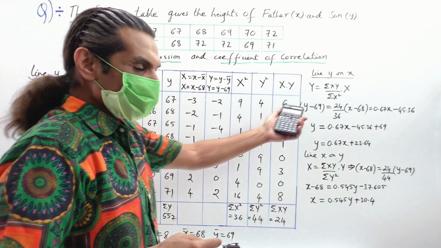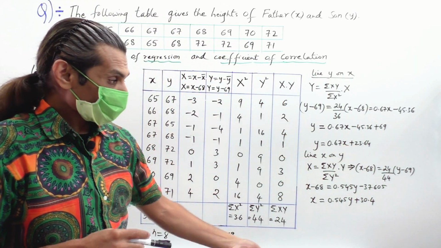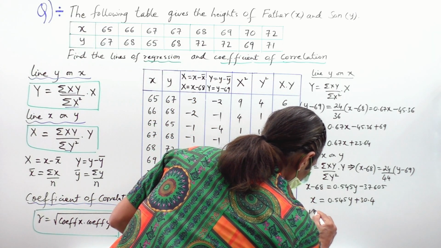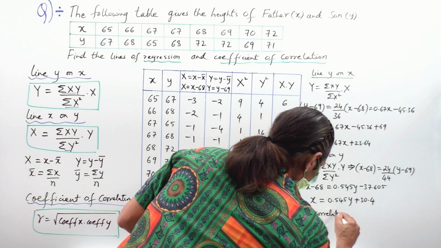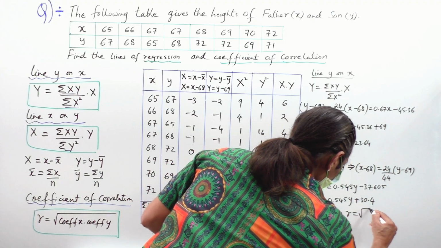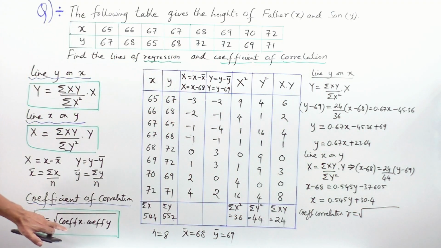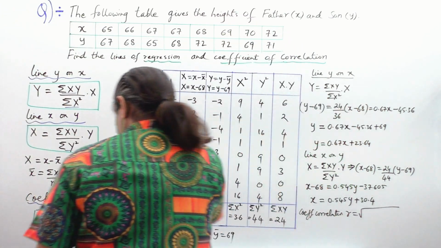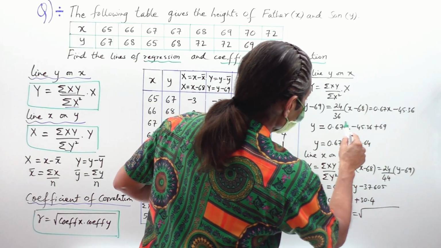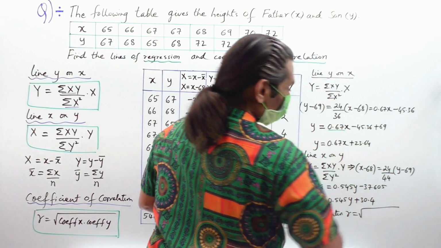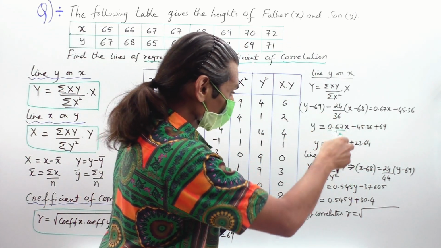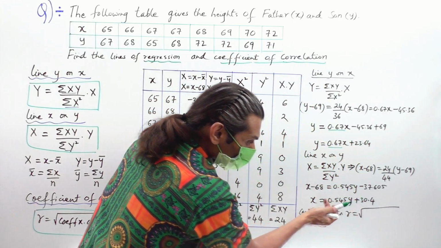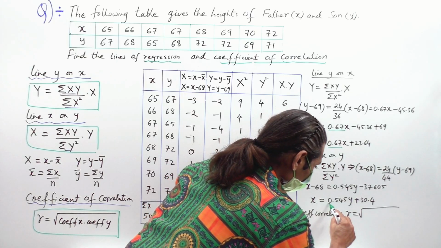That's all. So we have two lines, one is y on x, other is x on y. Now the coefficient of correlation r is equal to root of, what is that? Coefficient of x into coefficient of y. What is the coefficient of x here? The coefficient of x is 0.6, and the coefficient of y beside y is 0.545.